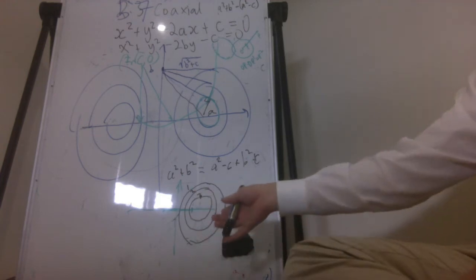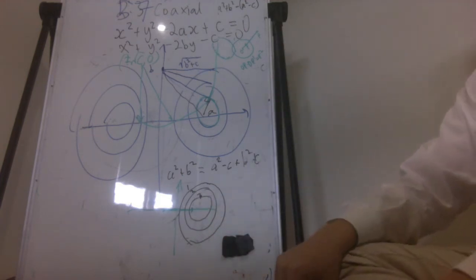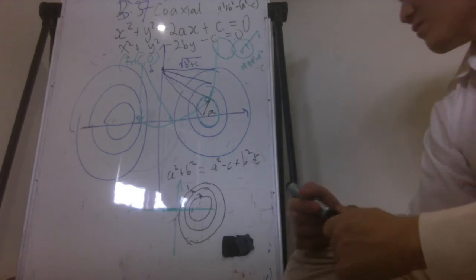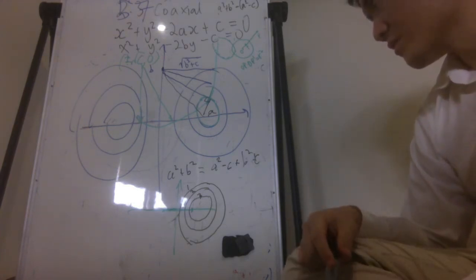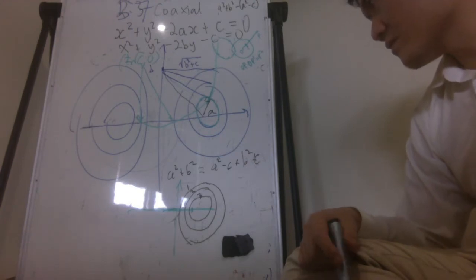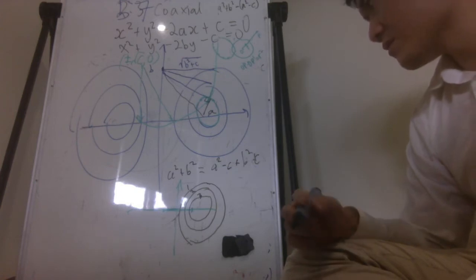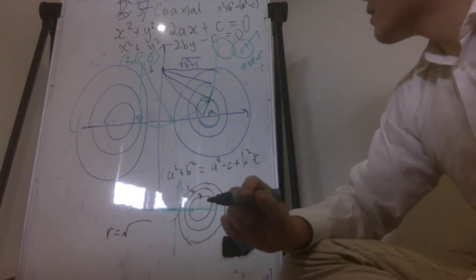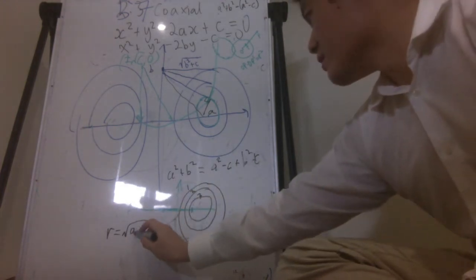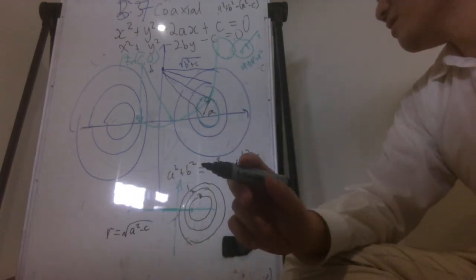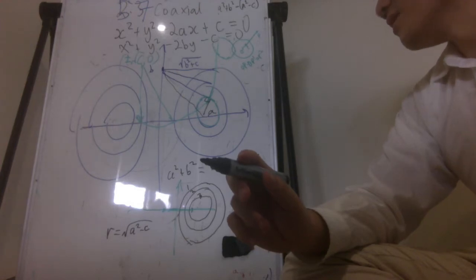Wait, so is it clear that every one of the circles intersects the segment? So that would mean, yeah, they can't go past that, right? So is the radius always long enough? So the radius is equal to root a squared minus c, right? And we need the center minus the radius.